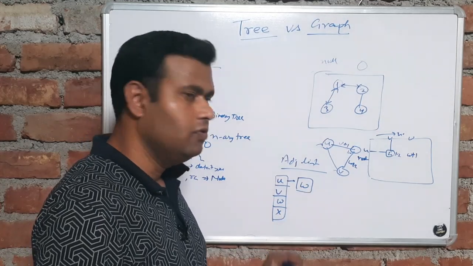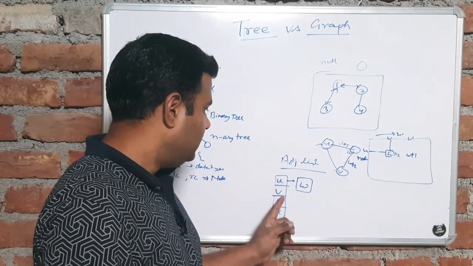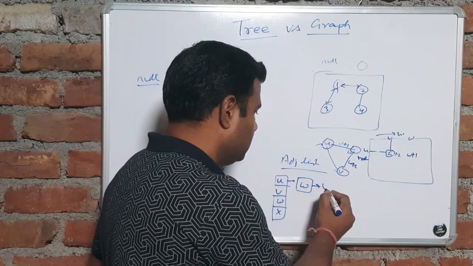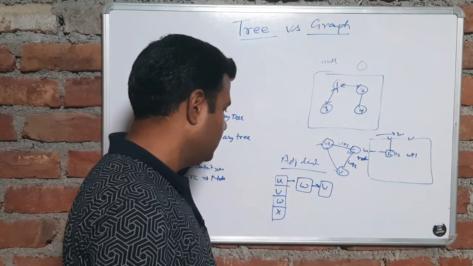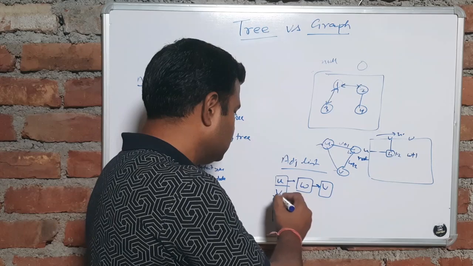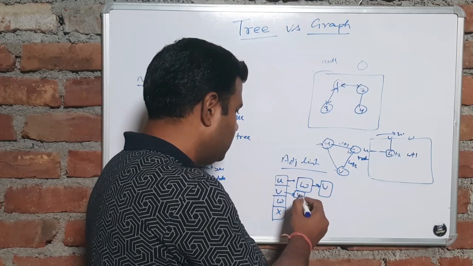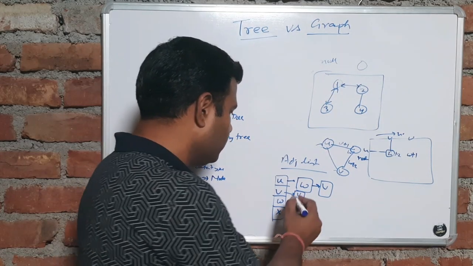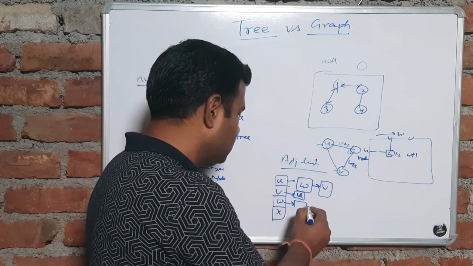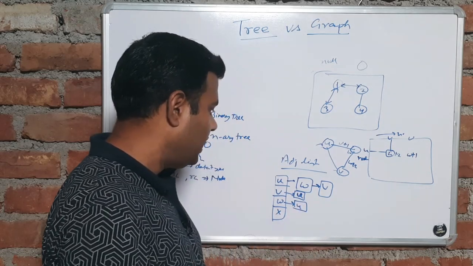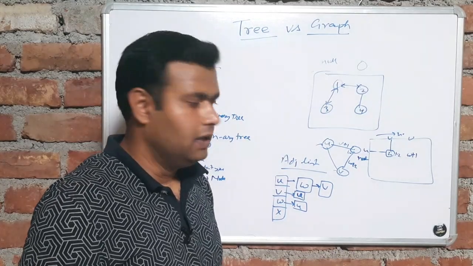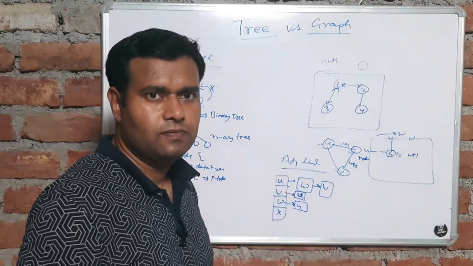Basically that list will have W. And if U has a connection with V also, then V. Similarly, now U has a connection with V, so this particular field will also have a list with U, and W will also have a list with U. And let's say X is not having any connection, then its list will be empty. This is called adjacency list.